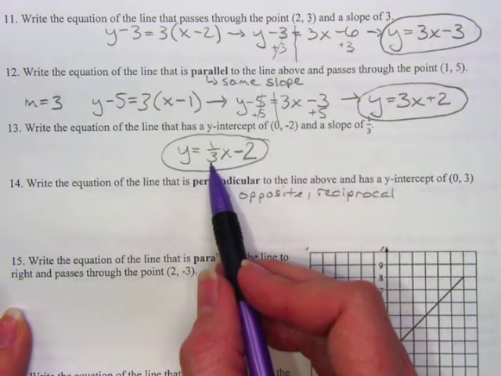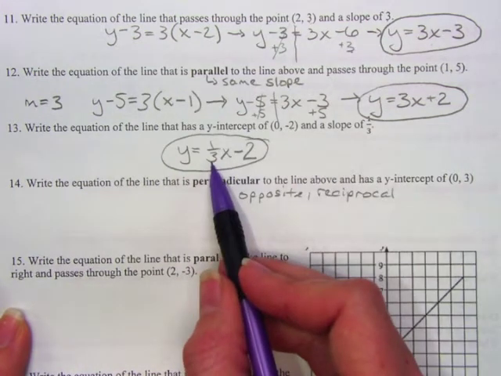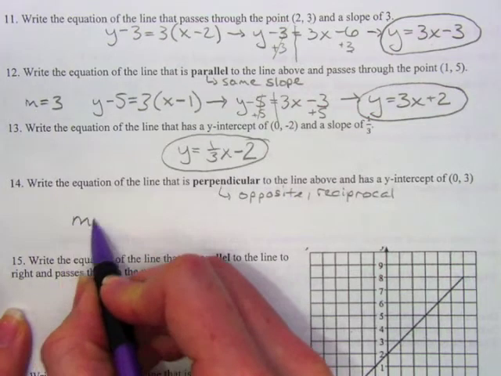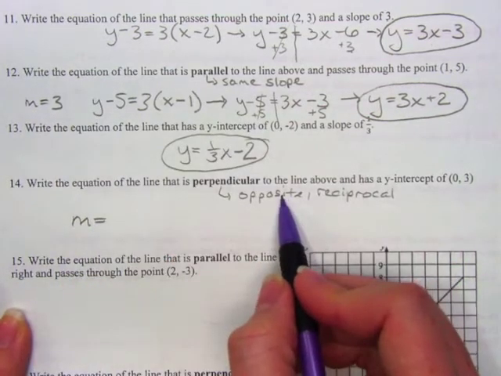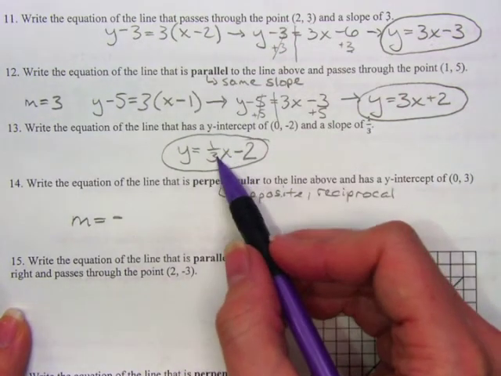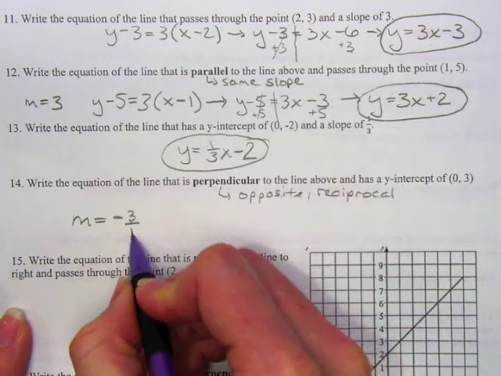So looking at my line above, my slope, it's written out here, is 1/3, as well as I see it in my problem, 1/3.